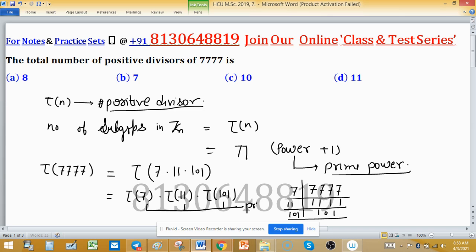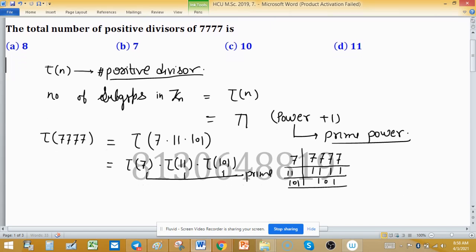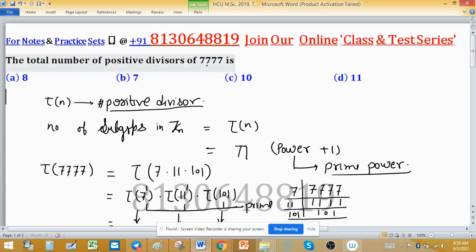According to the tau function, the powers are 1, 1, 1, so we add 1 to each. So 2, 1 plus 1 again becomes 2, and this is again 2. So 2 into 2 into 2, the answer is 8. So the total number of positive divisors of 7777 is 8. Option A is true.